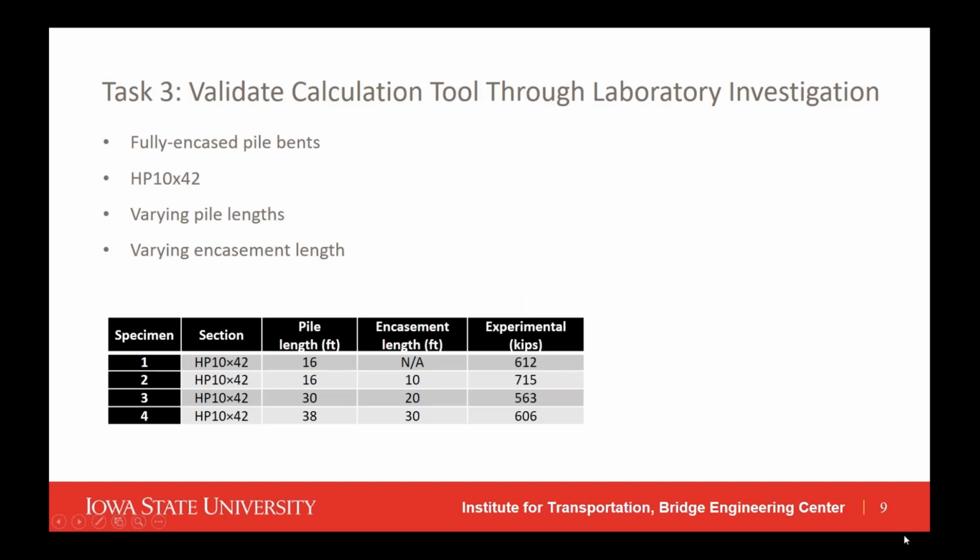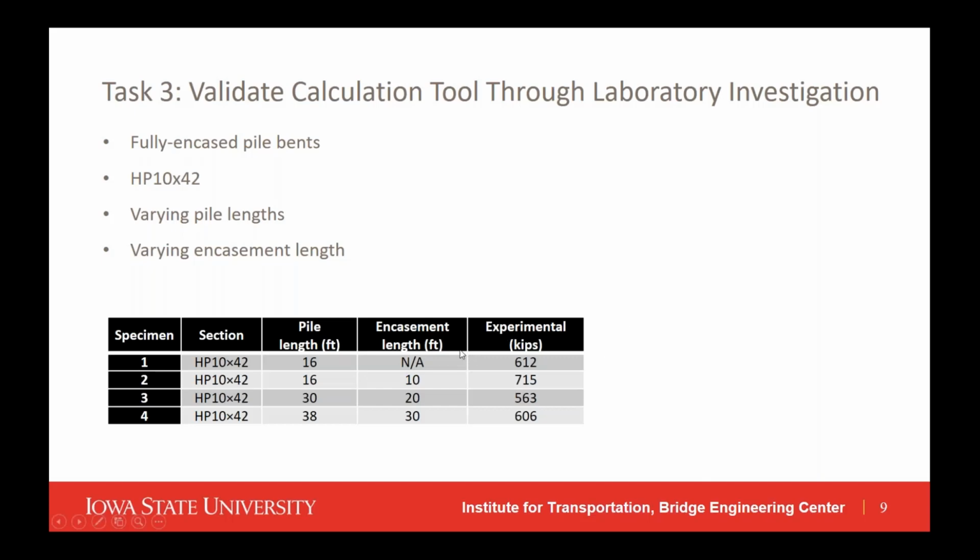Yep. So this slide here gives you an idea of our full pile length, and then how much of that pile is encased. This is not the full and exhaustive laboratory intent here, but it certainly gives you an idea.